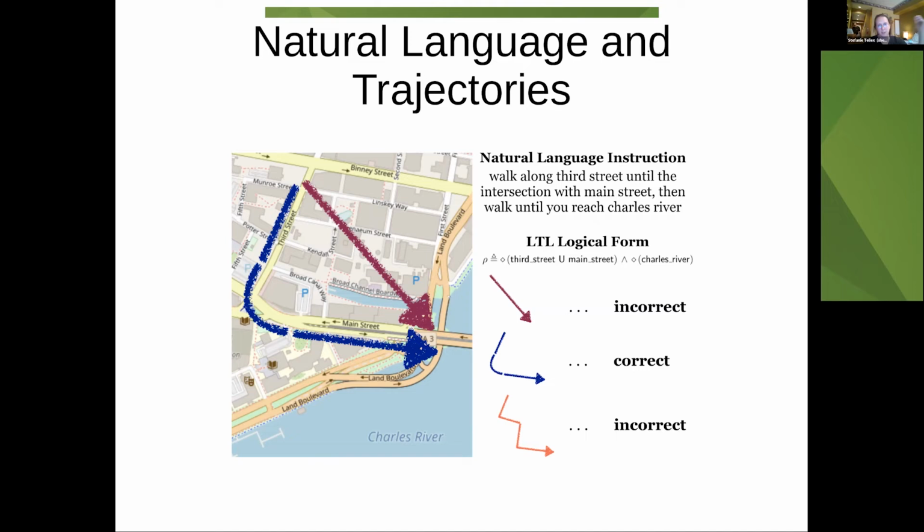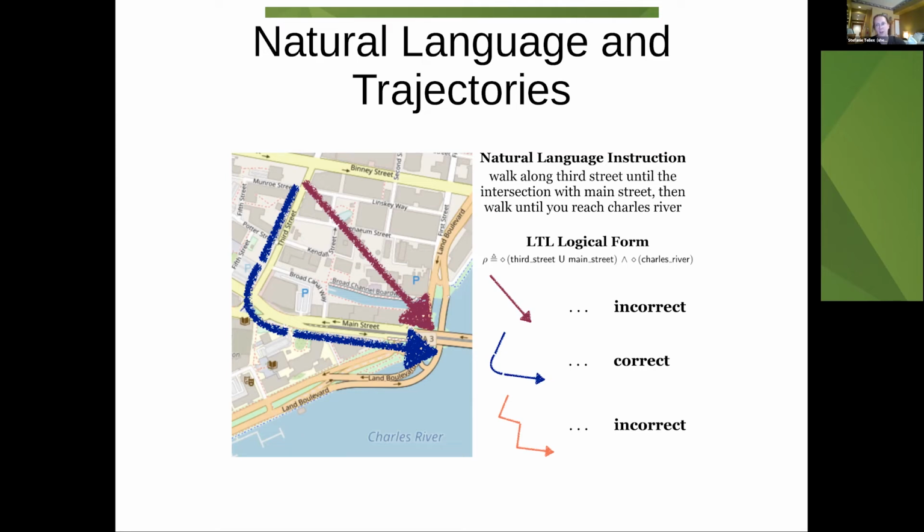What this means is the model is capable of learning during a training process where it only sees trajectories. We show it positive and negative examples of trajectories in the environment, and we show our truckers these examples, and they give us natural language instructions. But we don't need to give them any LTL during training. It's able to infer the LTL.